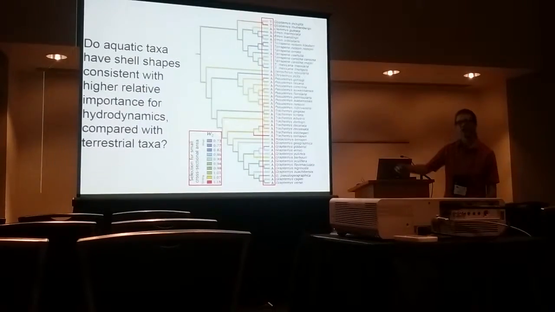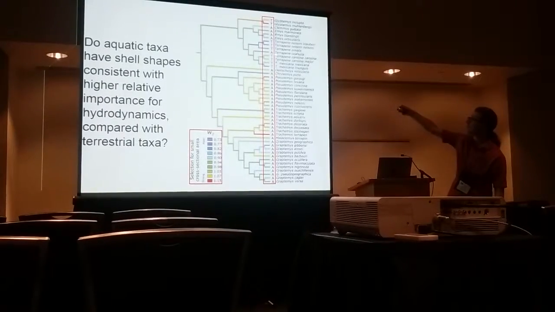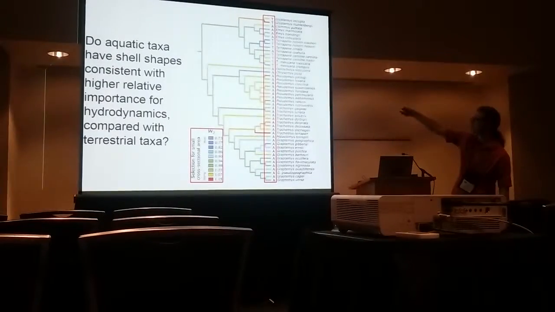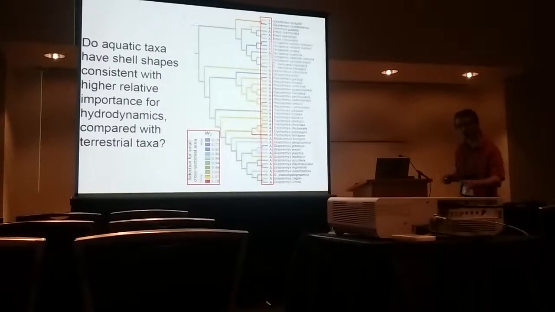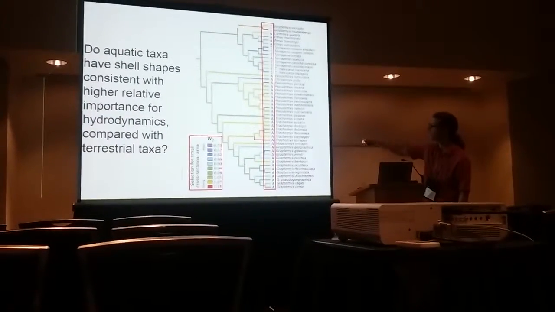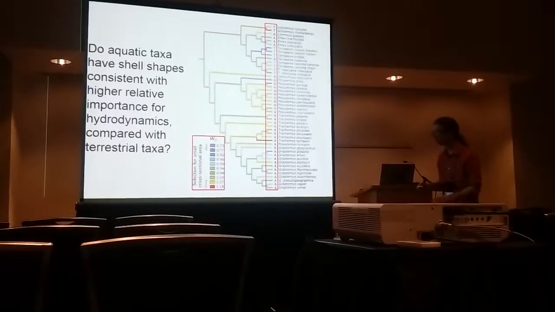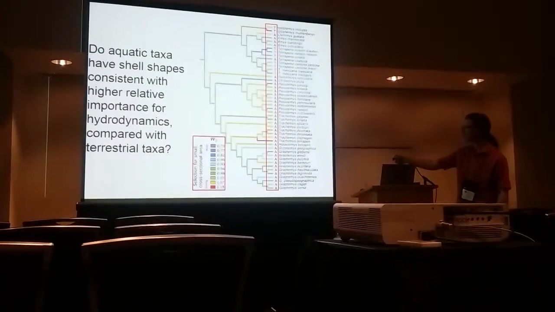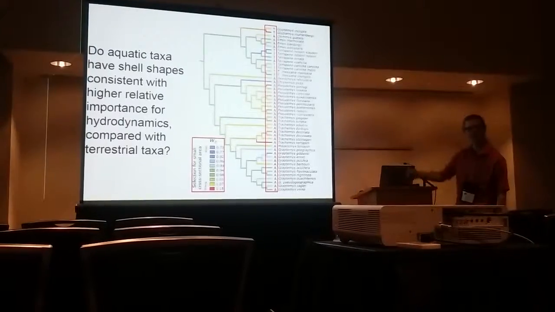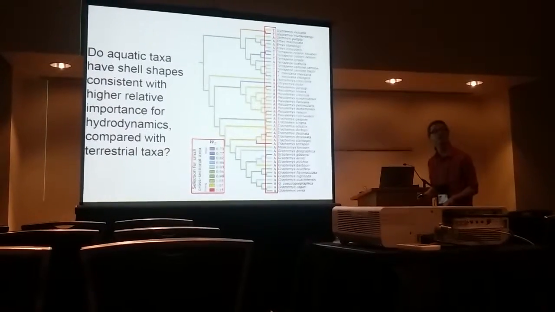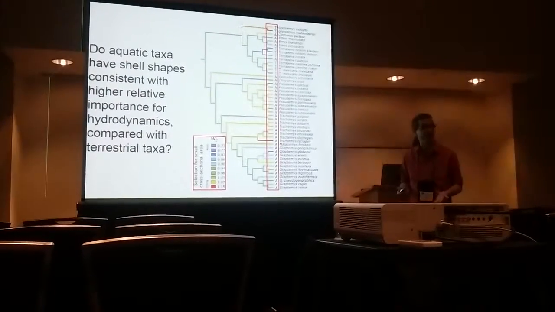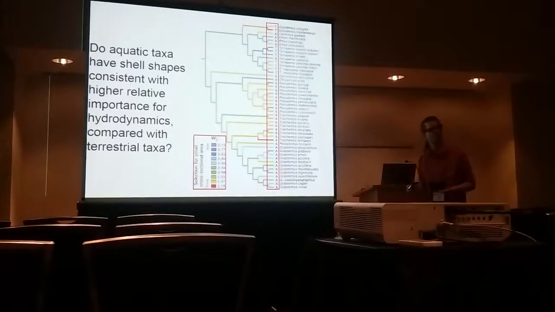Where hydrodynamics are really important, it's in reds and yellows. And you can see that for many of these terrestrial taxa, hydrodynamics are relatively important, but not all. And for many of the aquatic taxa, hydrodynamics are quite important, but not for all of them. So here's a turtle right here for whom hydrodynamics seem relatively unimportant. Maybe we have some ecological information about that taxon that can explain why it seems to be emphasizing strength a lot more.